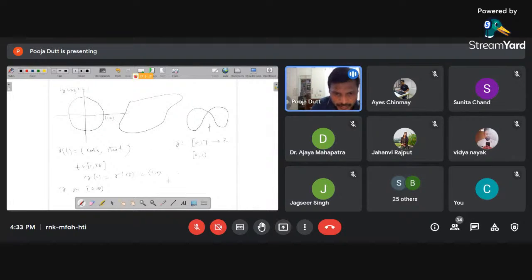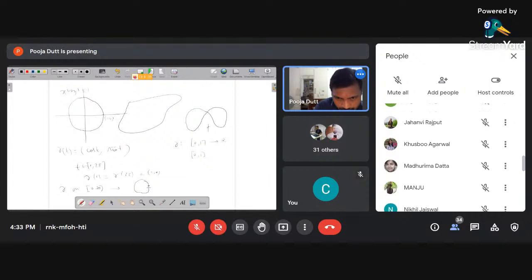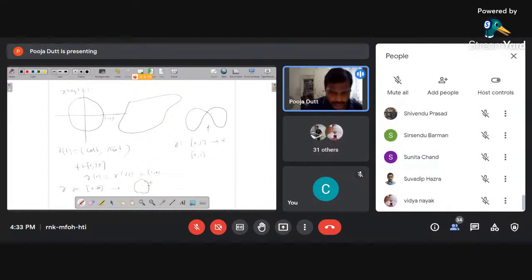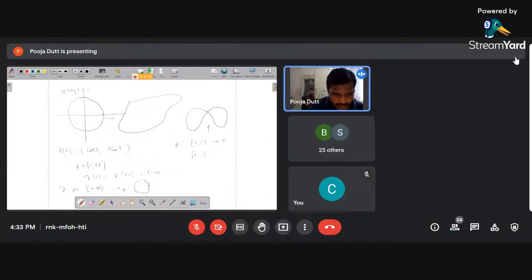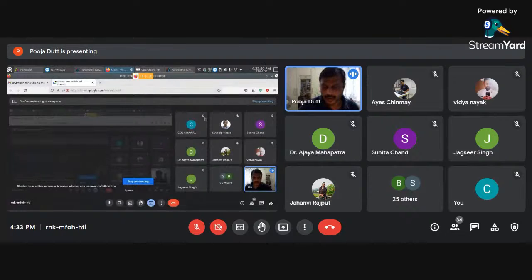The picture will look like, it will start from this point and it will not end. It will keep going and going. So here it is clearly a 1 to 1 function gamma. This one cannot be. Okay, so whenever we talk about a non-simple curve, it is a curve where it has self-intersection.